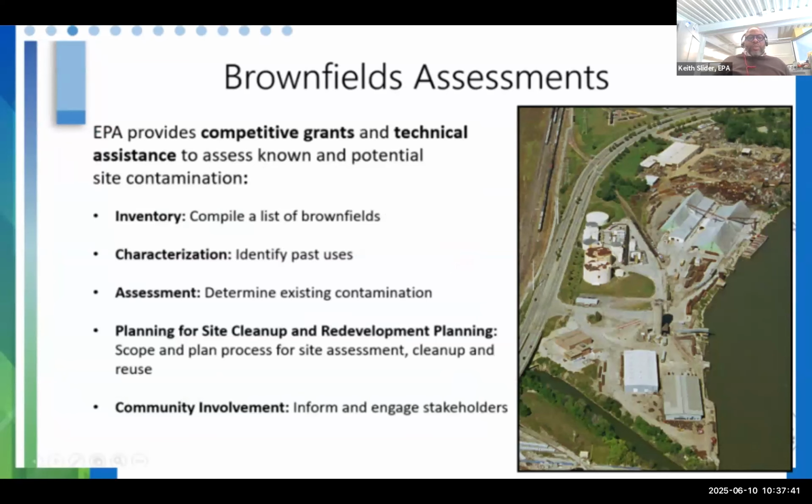In our brownfield assessments, we provide a variety of services to help our communities. We provide grants, technical assistance and guidances. Those grants often include cleanup and remediation grants to follow. Other services that we offer, of course, include our targeted brownfield assessment program, which provides free services.